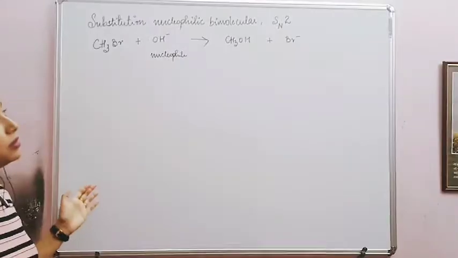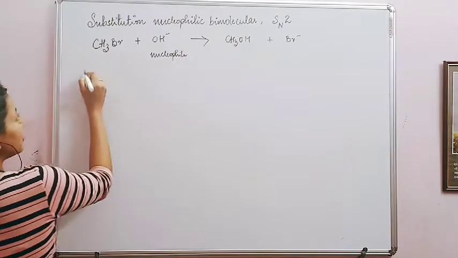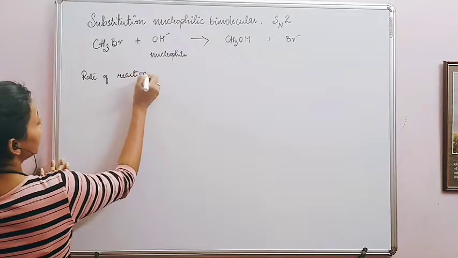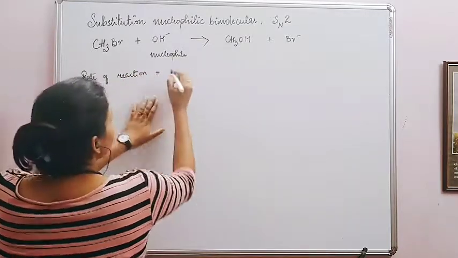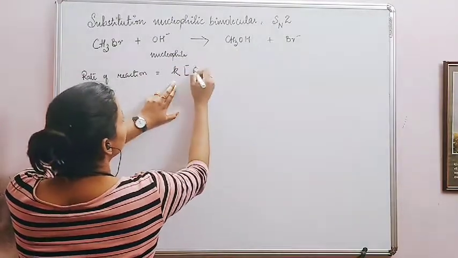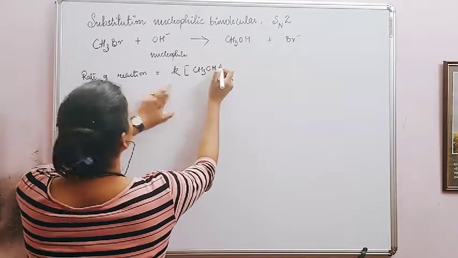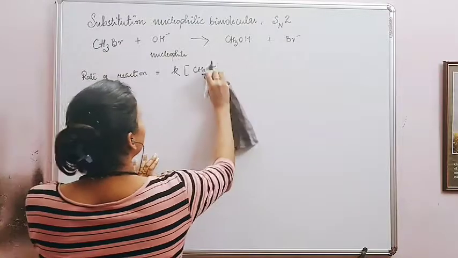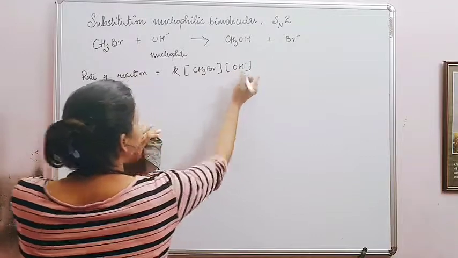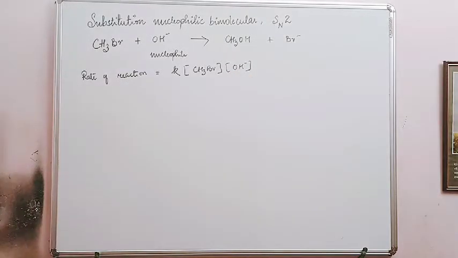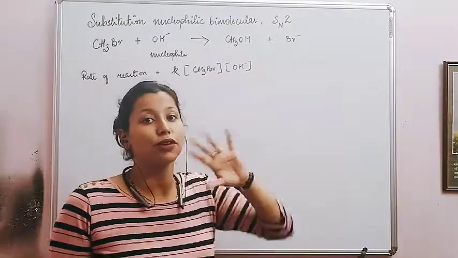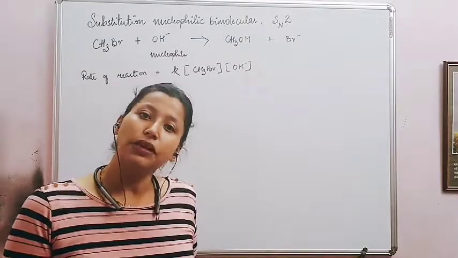Now, what happens in this reaction? In this reaction, the rate of reaction is given as K times the concentration of CH3Br, that is the alkyl halide, and OH minus, that is the nucleophile, where K is a constant. The square bracket terms are concentrations, which you have learned in the equilibrium chapter in class 11.